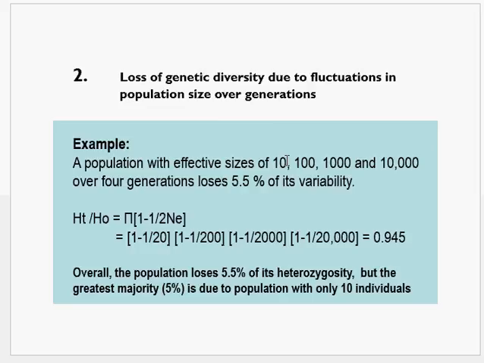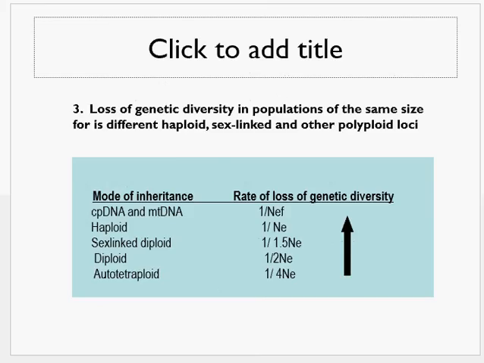Okay? All right, we also need to mention that random genetic drift and loss of genetic diversity is different when you have different forms of genetic material. If you have diploid genetic material, you would have a particular rate of genetic loss, which is 1 over 2 times the effective population size.